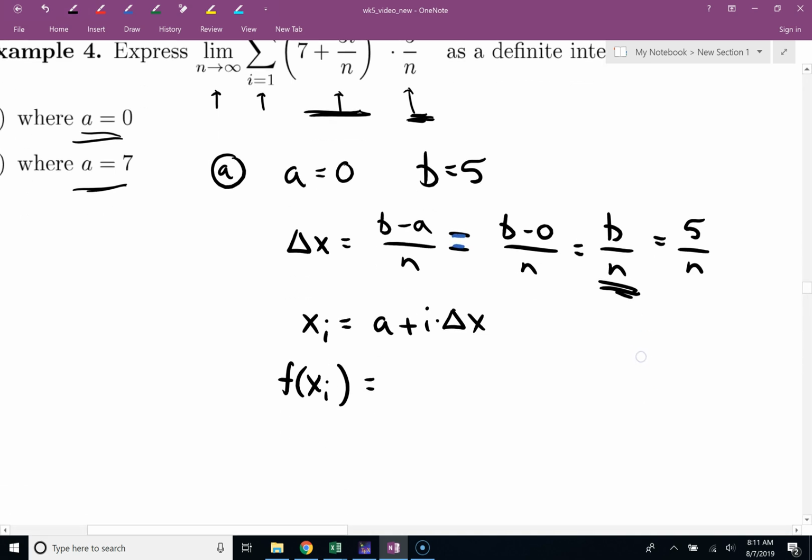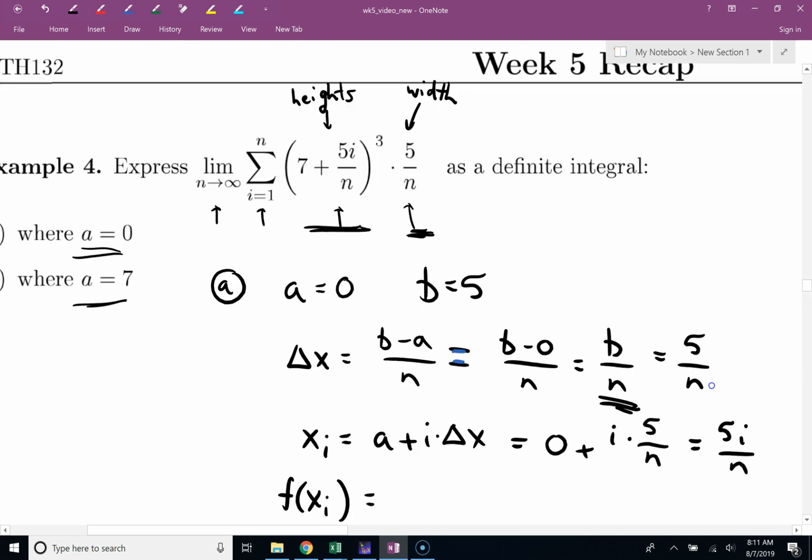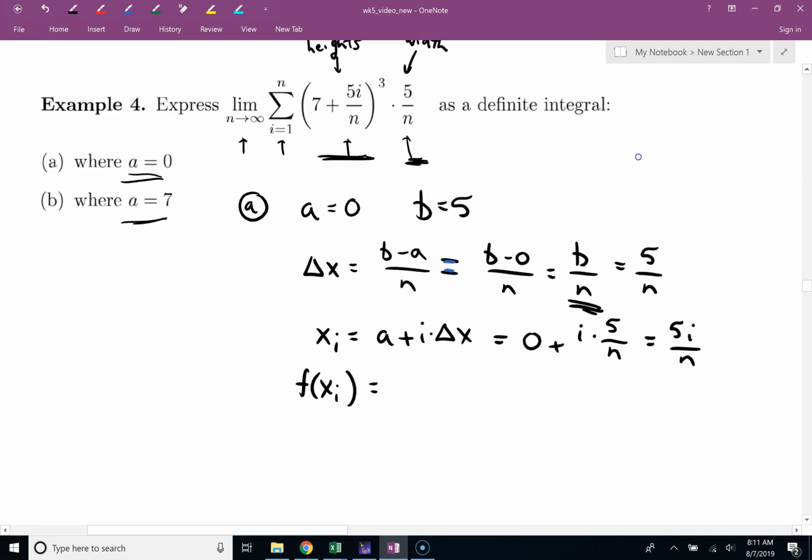And now we know a little bit more information here that we can start plugging into these right-hand endpoints. So for instance, I know that a is 0, and I have i times delta x, so that's going to be 5 over n. Now I have exactly what that is. So this is just the same thing as 5i over n. So going back up here, let's start substituting these things in. I'm going to write the limit as n approaches infinity, the number of rectangles approaches infinity, summing up our areas of rectangles.